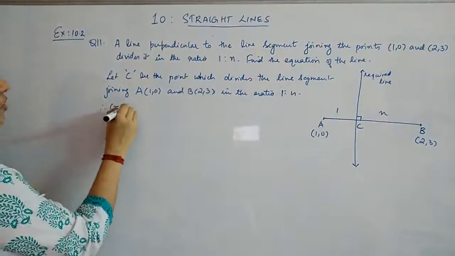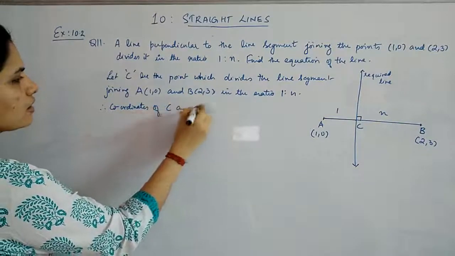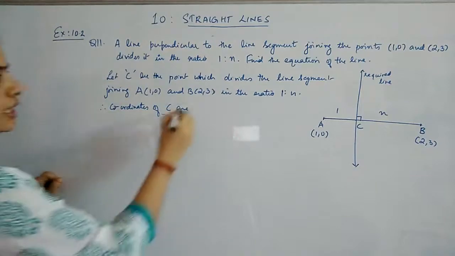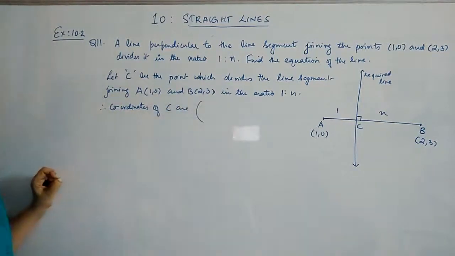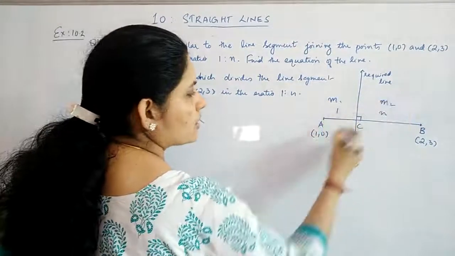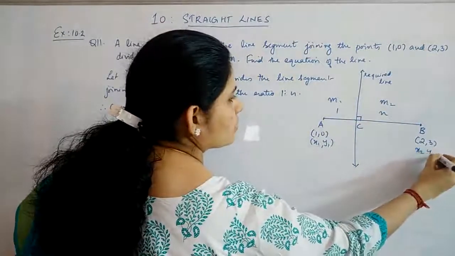Therefore, the coordinates of C are, by using the section formula. Now what is section formula? This is your M1, this is M2, this is X1, Y1, X2, Y2.